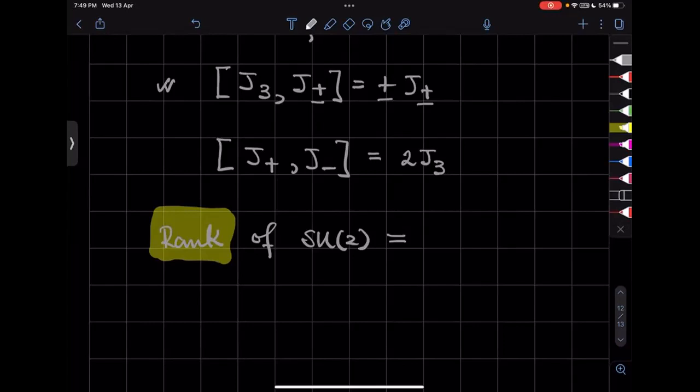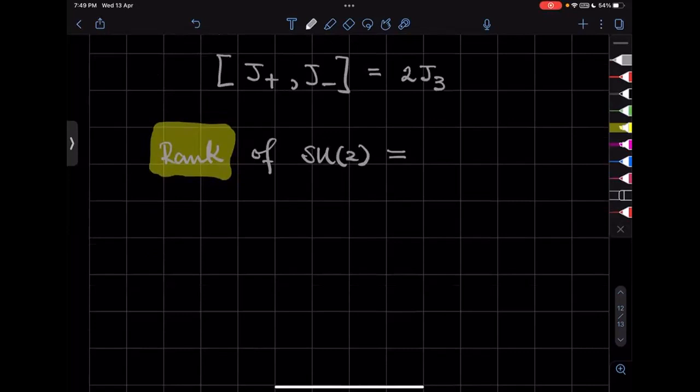Yes, it is 1. Why is it 1? Because it makes one pair. One pair of what? Rotation. Right, I see what you're saying. So you have retained the intuition. Yes, that's correct.